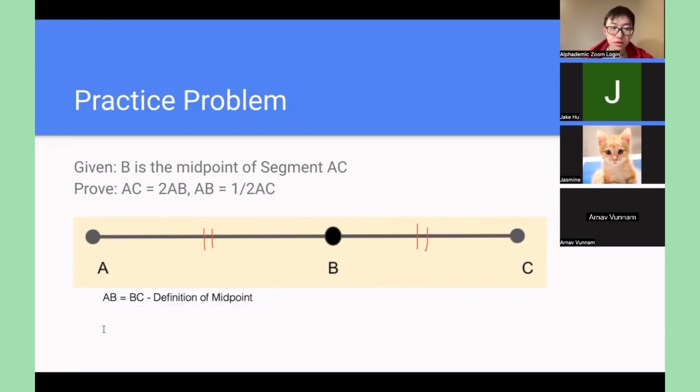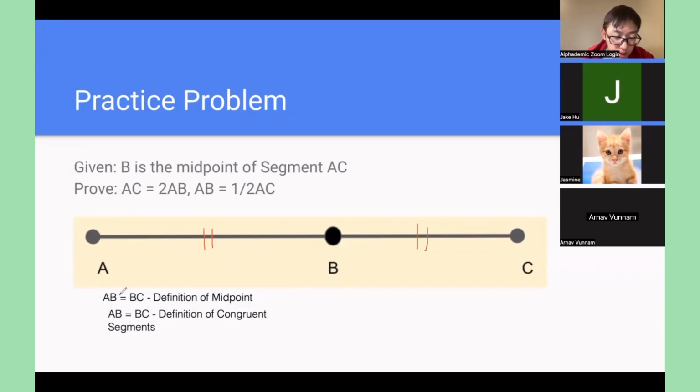Next up, you would have AB equals BC, which is the definition of congruent segments. I can't write it on here, I'll just draw it on.